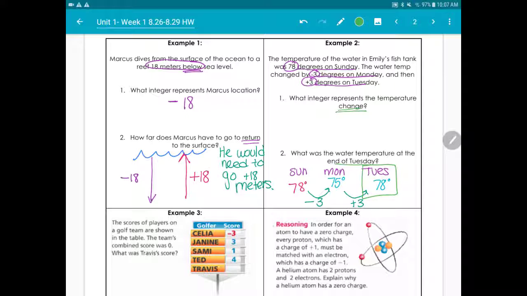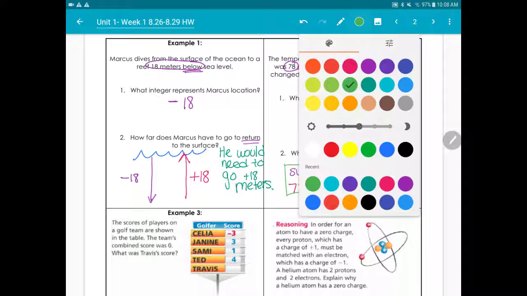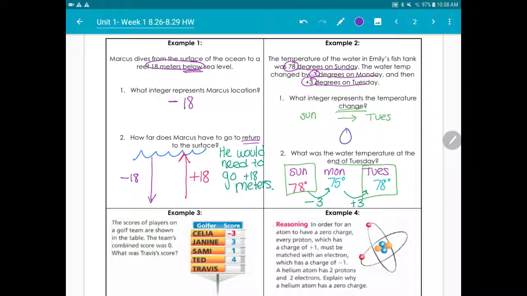So from Sunday to Tuesday, how much did it change? If it started at 78 and it ended at 78, how much did that change? What integer is that? Okay, and it is 0. It changed 0 degrees over time.